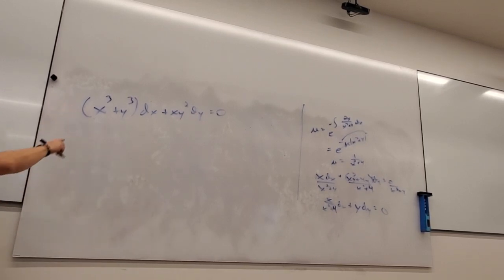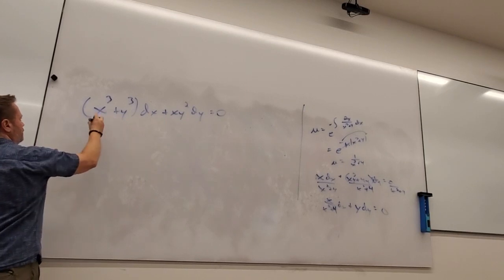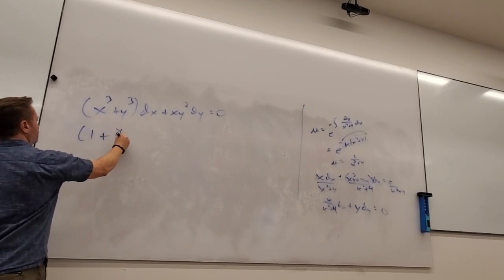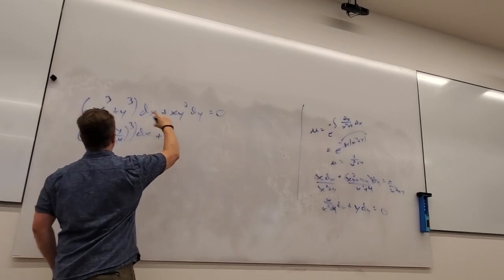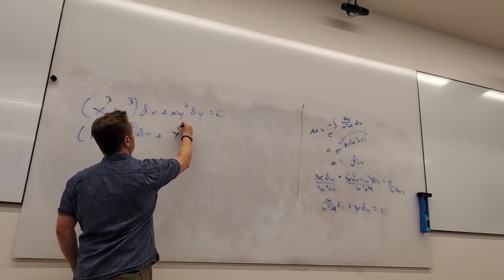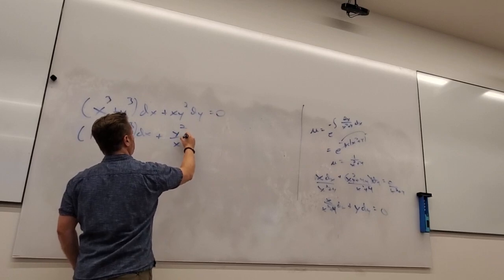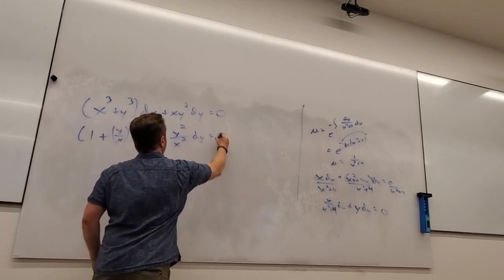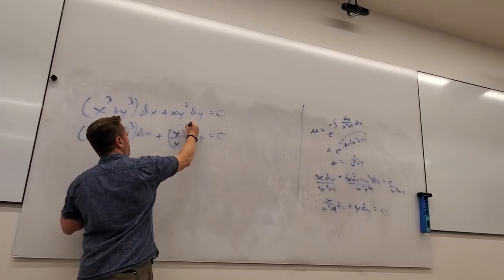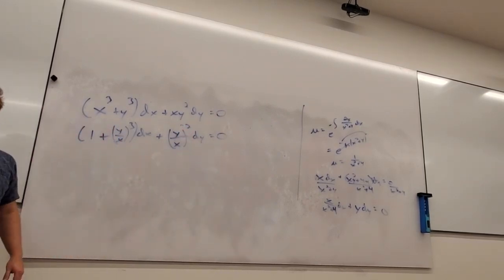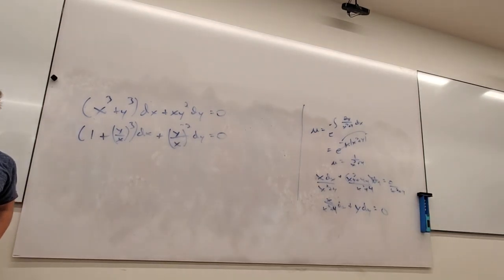If I divide everything by x cubed, what was x cubed? Make it look like a y. Is that essentially a function of y over x? You guys see that? Does everybody see that?